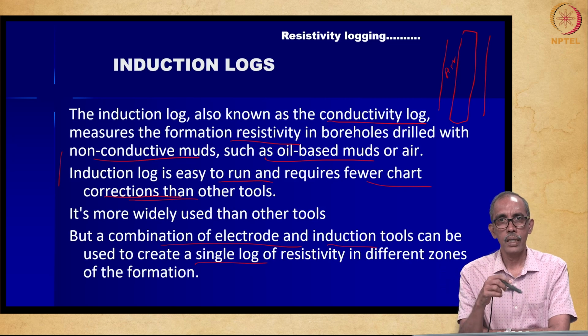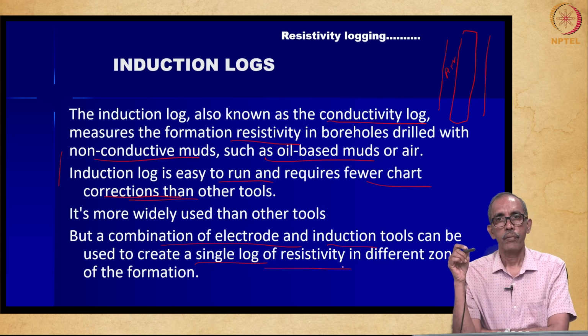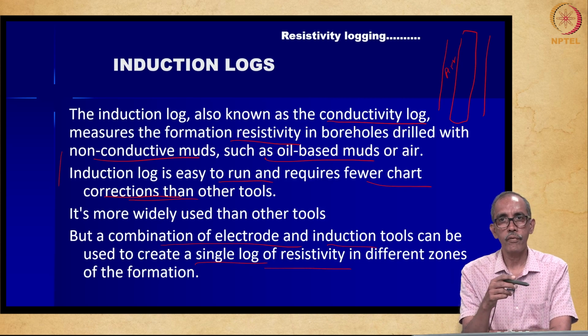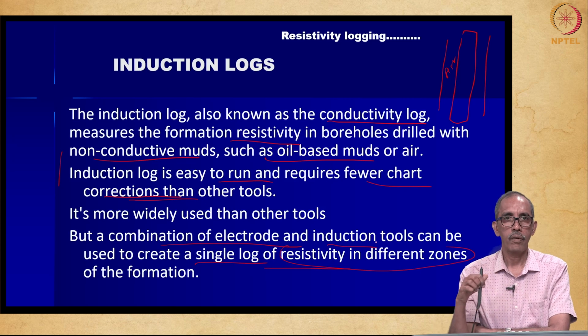Especially with regard to electrical logging, we have already seen 4 different logging methods. Added to that is the 5th one, the induction log. Combining all the 5, we can arrive at the resistivity variation of different zones in the borehole over which we have carried out logging.